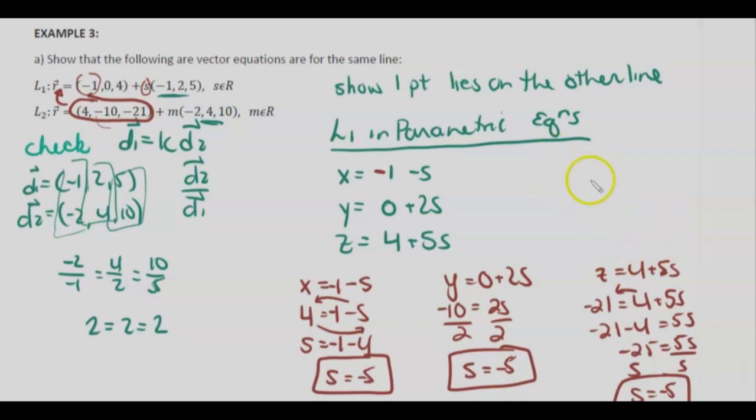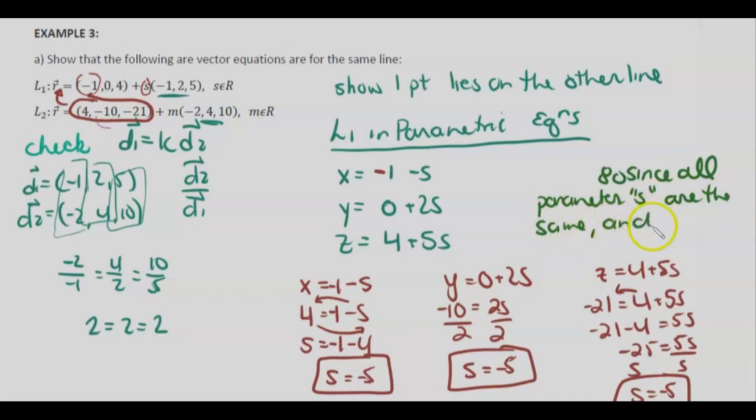Okay, so we can do a little therefore statement. Since all parameters s are the same, and vector D1 is a scalar multiple of vector D2, this is the same line.